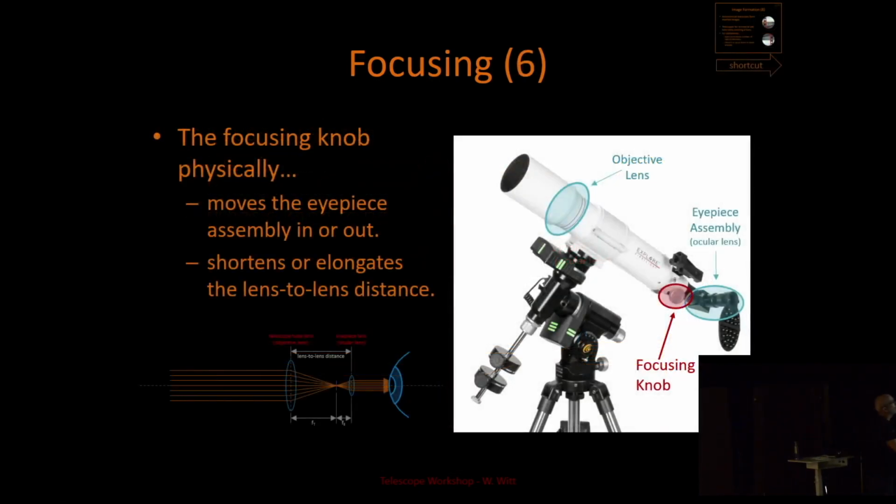Telescopes have a knob to do this. In this picture there's a little knob there, and we can actually do it right on this one. This has it as well. Notice if I turn this knob, it physically moves this in and out. That's physically adjusting the lens-to-lens distance until you achieve focus. So we're physically elongating or shortening the scope and the lens-to-lens distance.